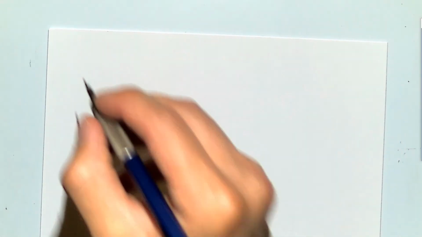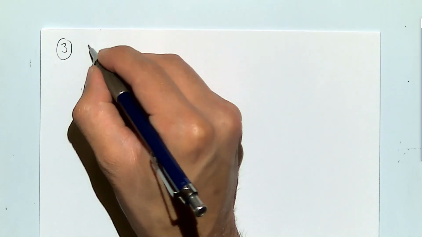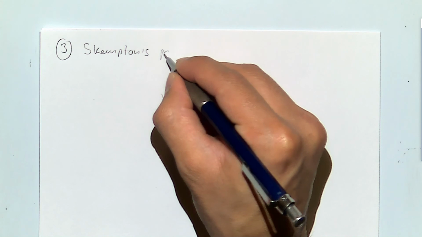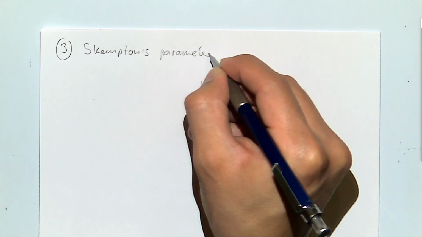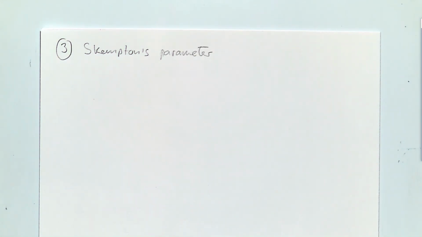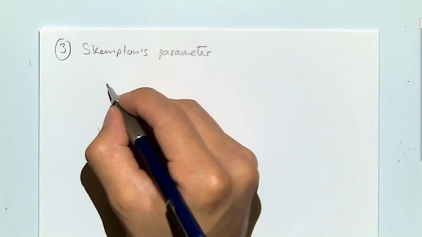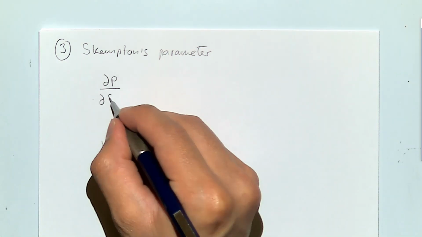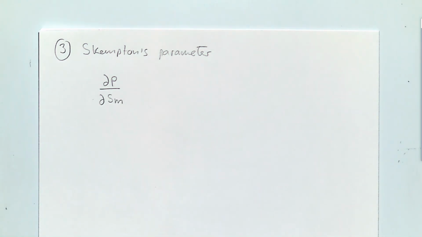The third type of parameter which is interesting to us in undrained loading is something called the Skempton parameter. The Skempton parameter tells you what is the variation of pore pressure due to a variation of mean stress.